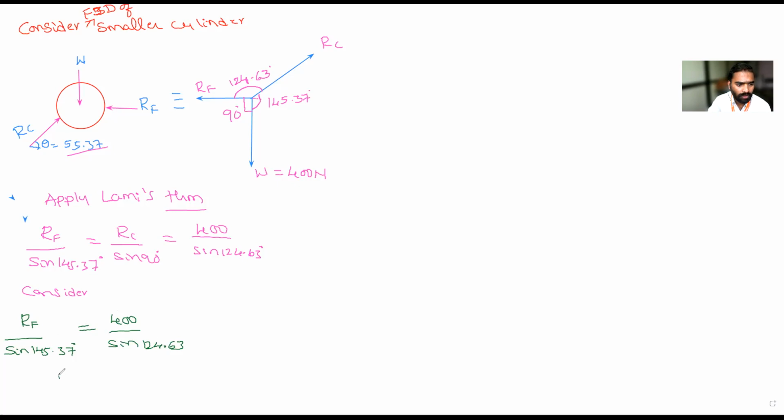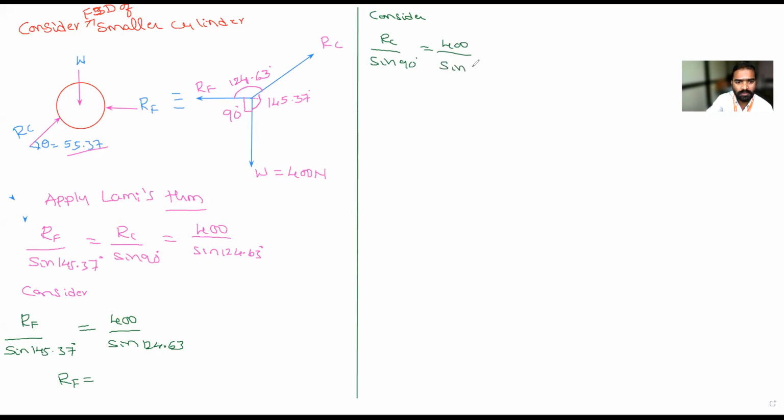Calculate the value of RF. Next, again consider the second and third terms. RC upon sine 90 is equal to 400 upon sine 124.63. So calculate RC.